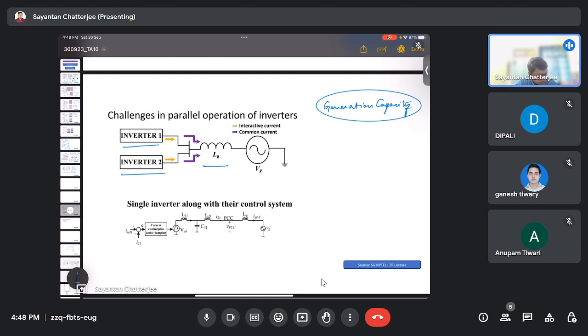So in this situation, suppose they are in parallel.